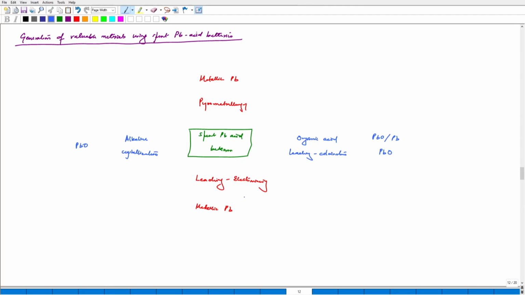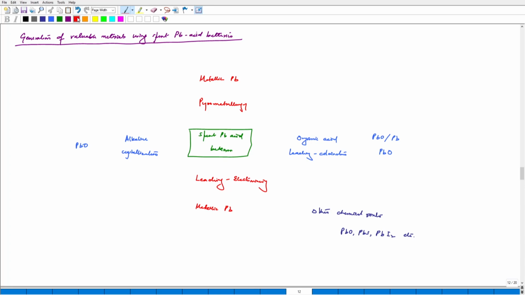And similarly, if we are looking at some other routes, so if we just write other chemical routes, we can get PbO, PbS, PbI2, etc.